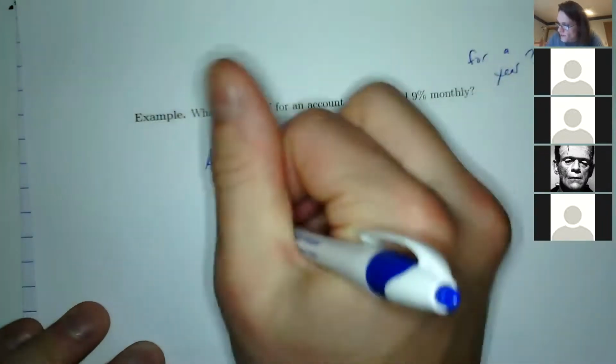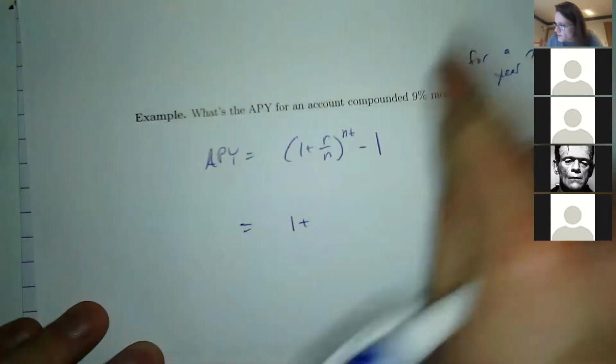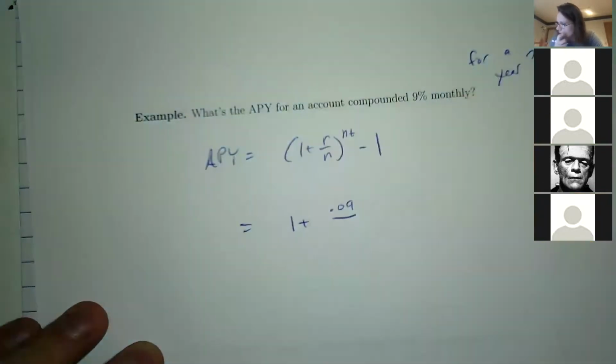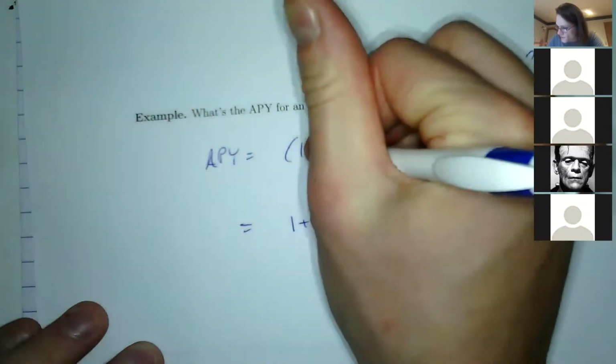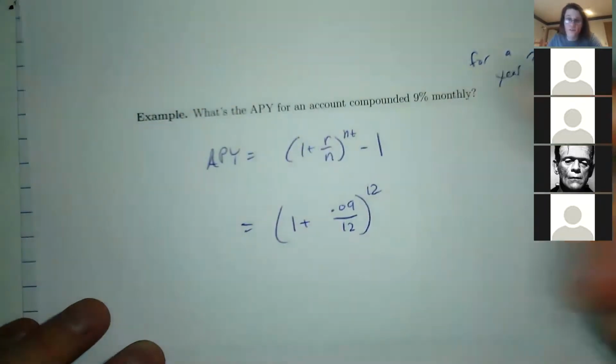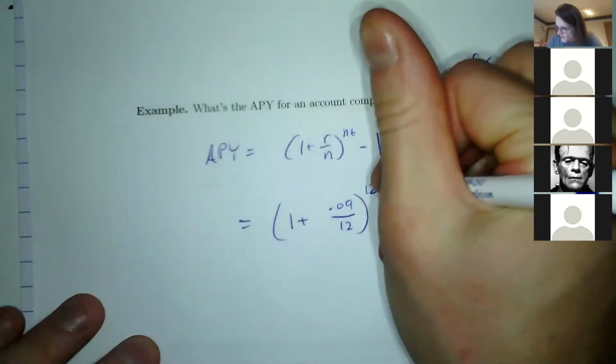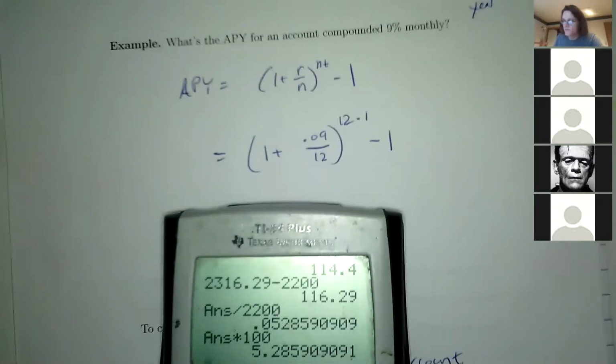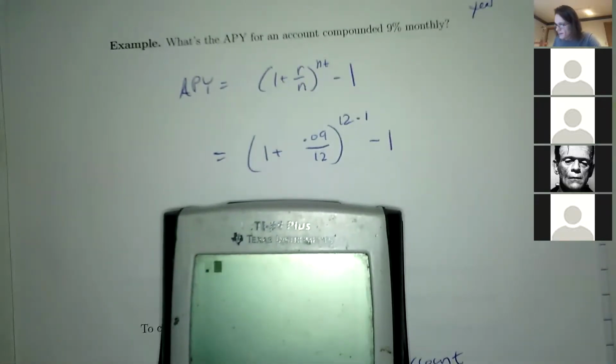So it's 1 plus R, which is 9, so it's 0.09, and then N is monthly, so it's 12. All to the 12, and then for a year, so T is 1. Times 1 minus 1. Let's see. Again, there's not much you can do here as far as hand computations.